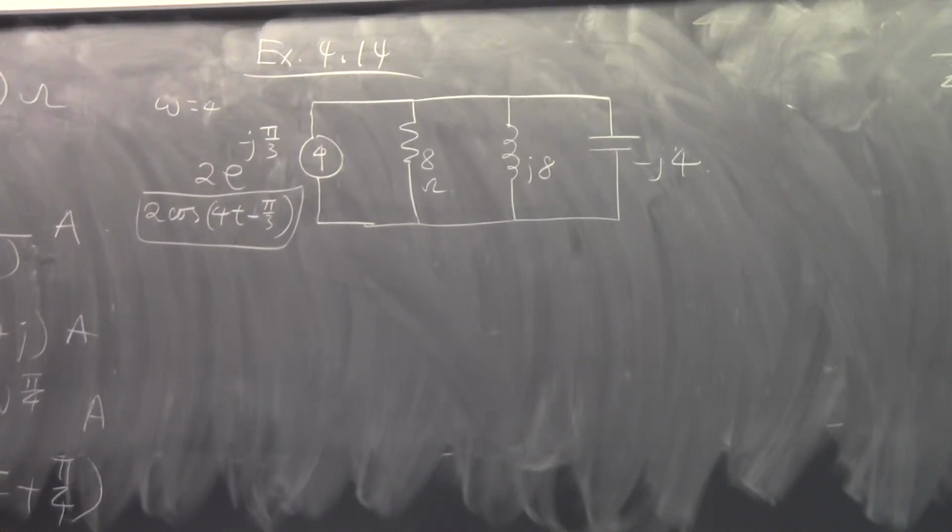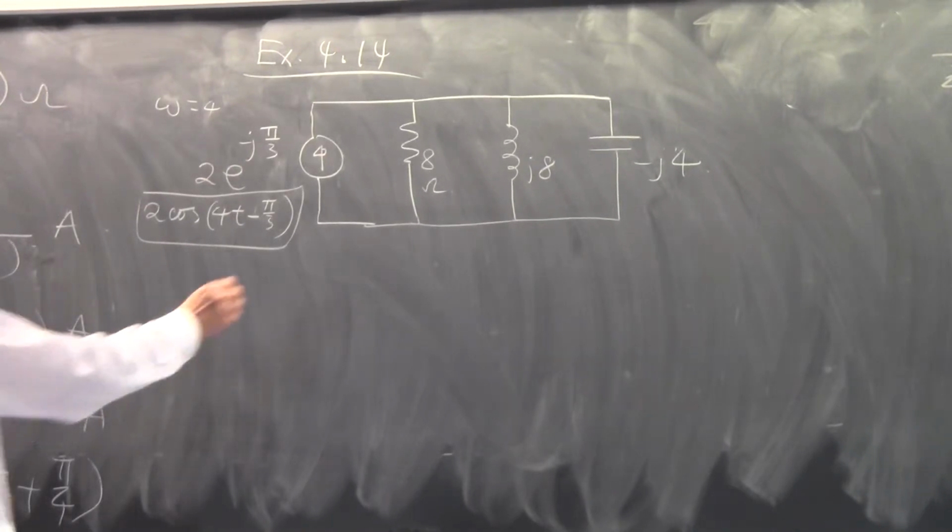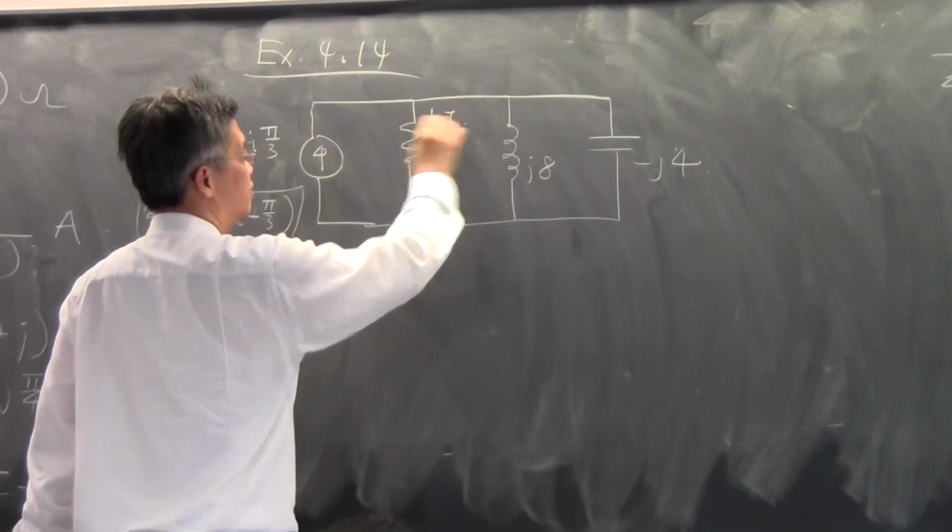So what you need to do now is to find the current I, the current I in this branch.